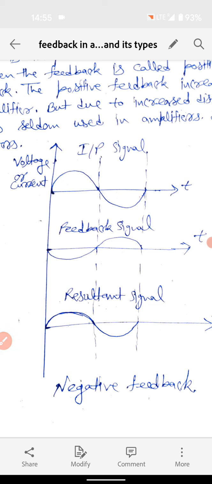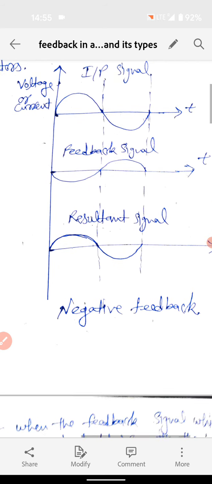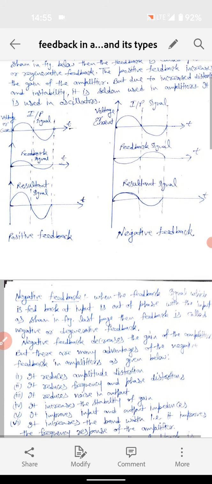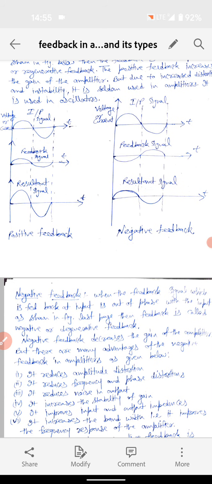It increases the stability of gain. It improves input and output impedances, and it also increases the bandwidth. Due to these advantages we generally use negative feedback in amplifiers, and we'll discuss all these advantages one by one in our next lectures.